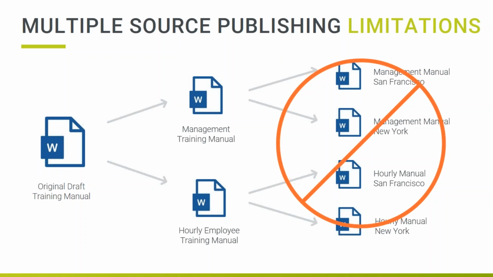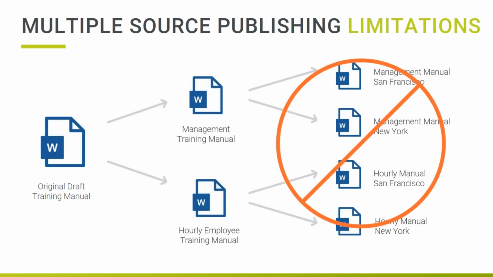But even separating the content out by itself isn't quite enough. One of the other problems with Word or any word processor is you're doing what's known as linear authoring. You start on page 1, and you type, and you type, and you type, and you get to page 200, and you call it a manual. And it's this long, linear, monolithic chunk of content.